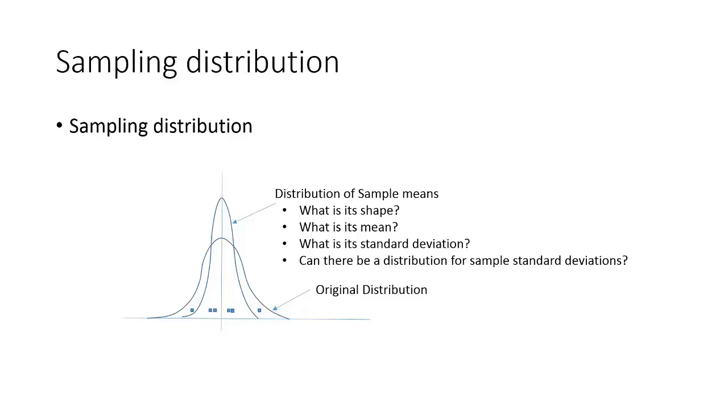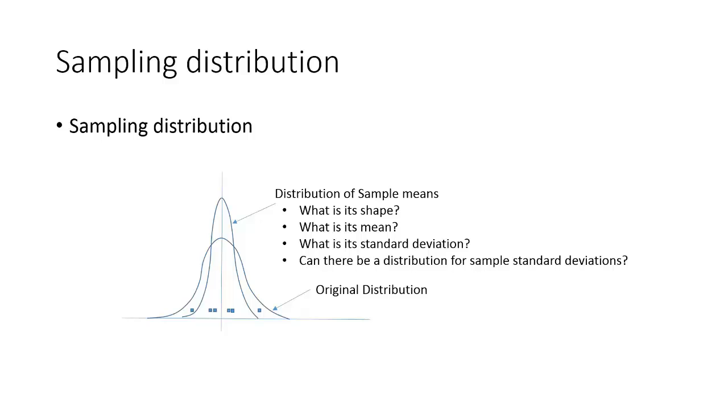Similarly, if you take a sample from the original distribution and you compute a standard deviation of that sample, is that sample standard deviation also coming from a distribution? And the quick answer to that question is yes. And if you're using a normal distribution to start with, that distribution of the sample standard deviations tends to be chi-square distributed, and that's also something that we will encounter.